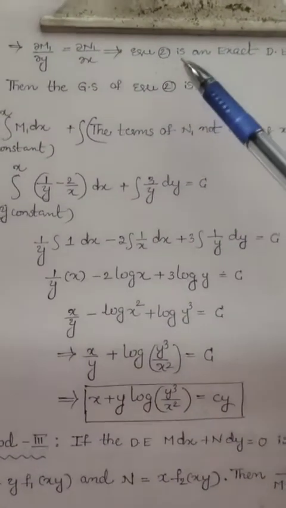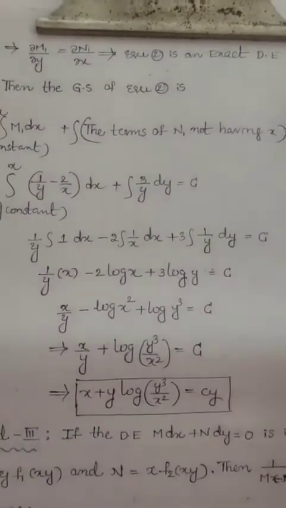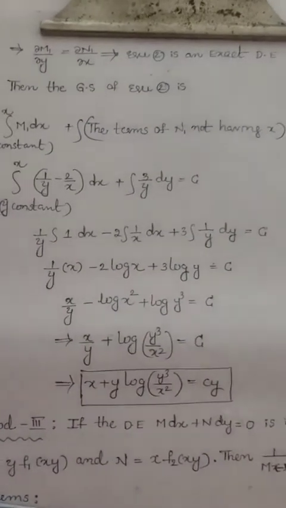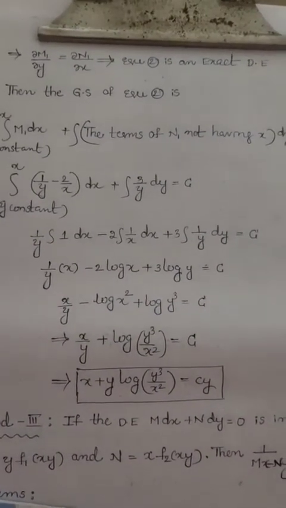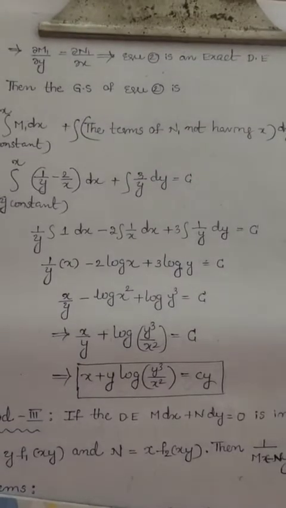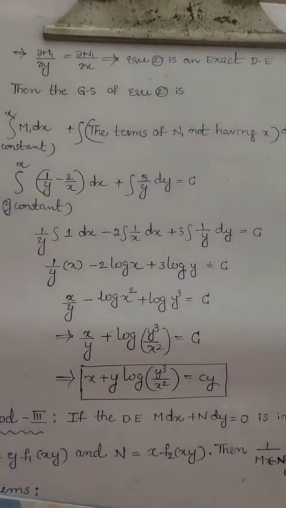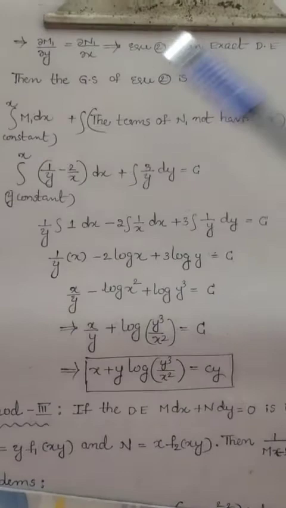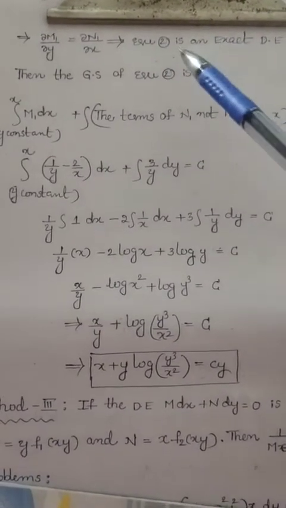That implies equation 2 is an exact differential equation. So by multiplying equation 1 with the integrating factor, we get equation 2, which is an exact differential equation. Now we have to find the general solution of equation 2.